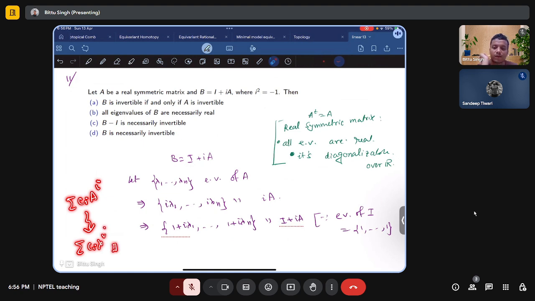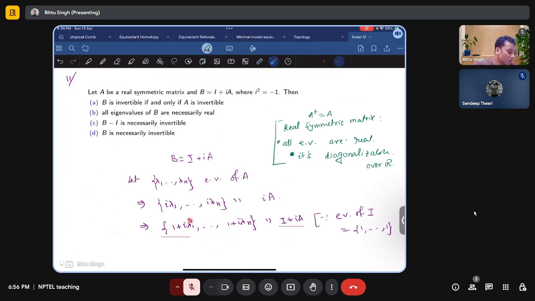We already know this fact, that any polynomial of a given matrix has eigenvalues of the form of that polynomial. So from here it is clear that all eigenvalues are non-zero, because 1 plus i lambda 1 can never be 0.